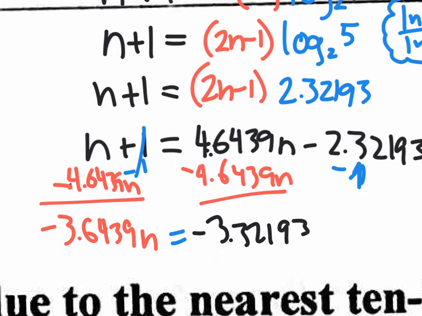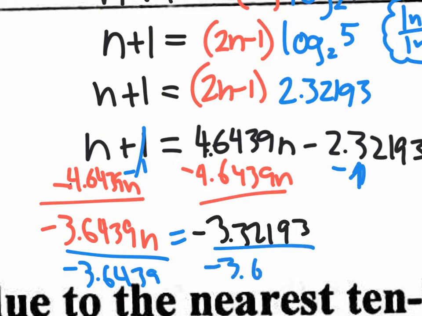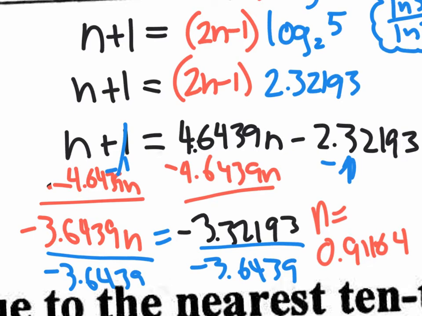So at the very end, we're going to divide both sides by the negative 3.6439, and hopefully we'll get an answer. That's correct. So that's close enough to an answer right there. 0.91164, 0.19, or whatever. As long as it's close, I'll give you the credit.